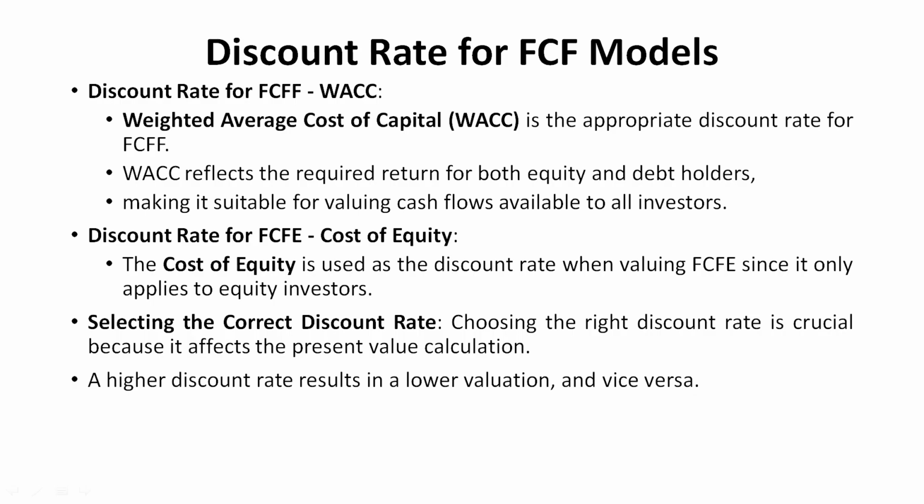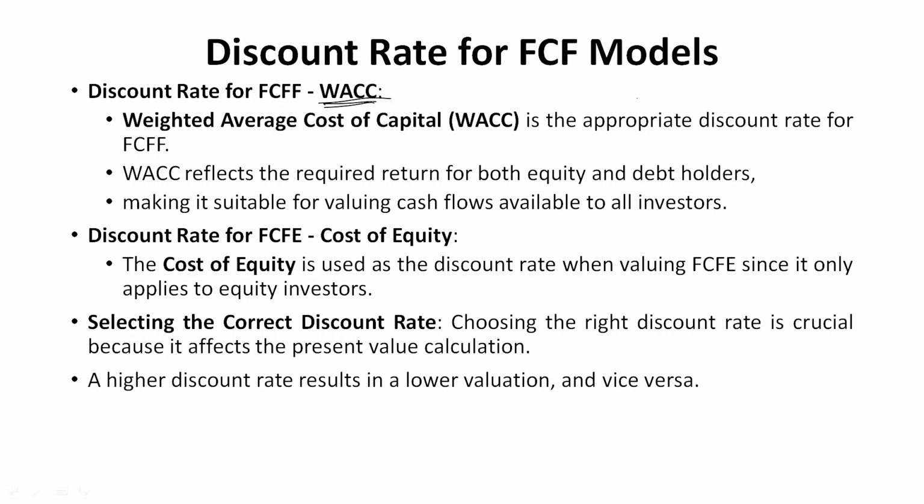Okay, and the discount rate of free cash flow, how do I determine it? The discount rate of free cash flow can be determined by using the weighted average cost of capital. So weighted average cost of capital, what do you mean by it?